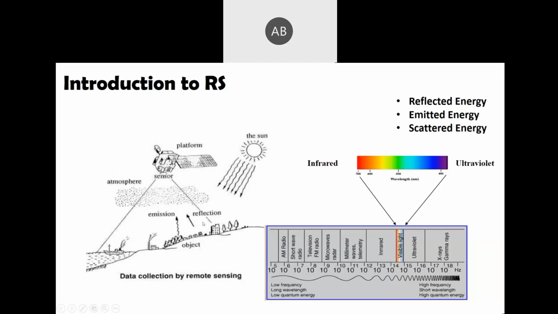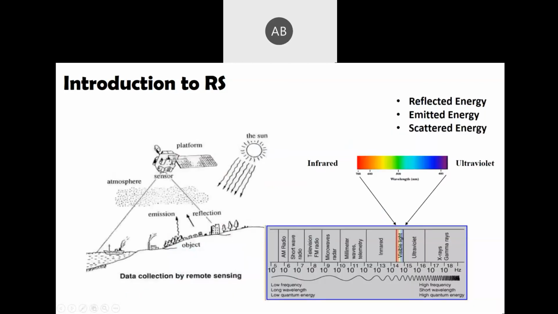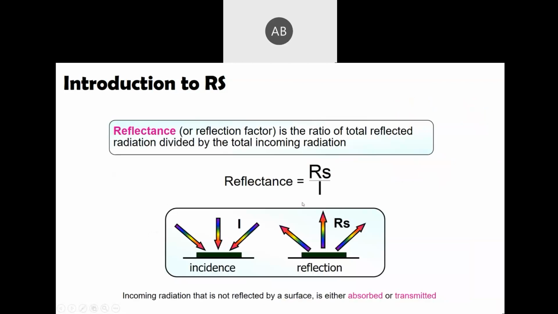This part which is going back is known as RS, the reflected part. Then if you divide it by the total amount of energy that is incident on the building, coming from the sun and hitting this building, you get a ratio. This is known as reflectance.